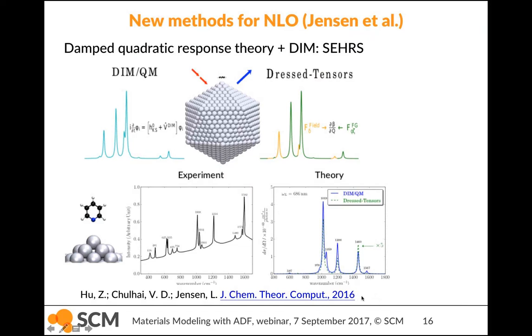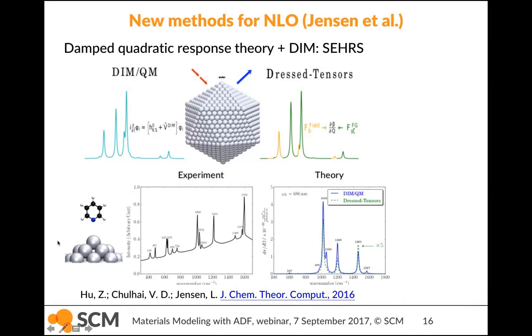It's available in ADF as well. So using the same coupling of the electrodynamical response of a nanoparticle with the excited state properties of the molecule, but now getting higher order excitations through quadratic response theory, you can calculate surface-enhanced hyper-Raman scattering.